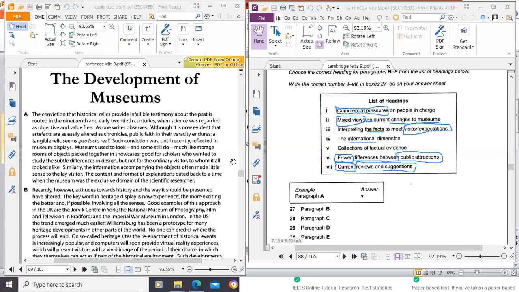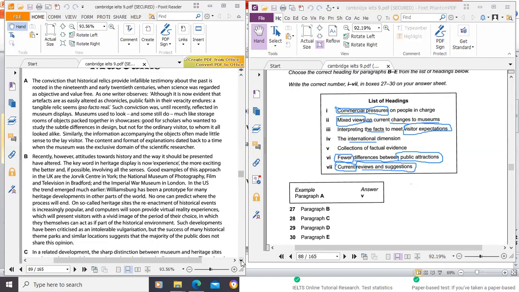Okay, so I'll move on to paragraph B, which they want me to know what they are talking about here. Now, in matching of headings, you can quickly read the first sentence of the paragraph. What you are looking for is the topic sentence. In English language, there is usually a topic sentence in any paragraph. First of all, there is just one idea in every paragraph.